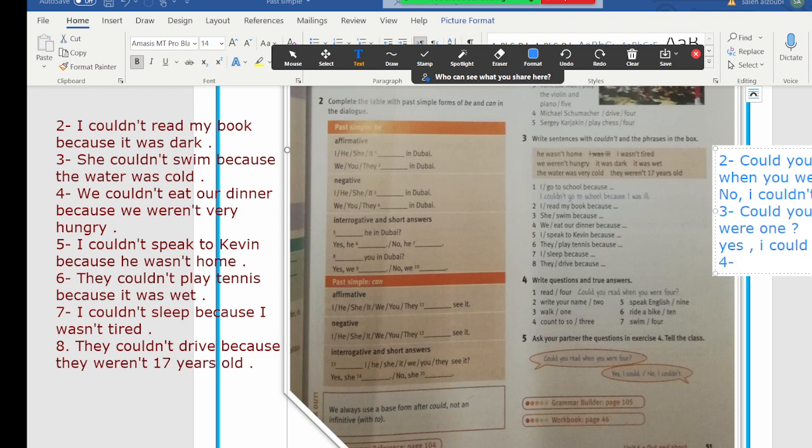Number 4. Could you count to 10 when you were 3? Could. Number 5.